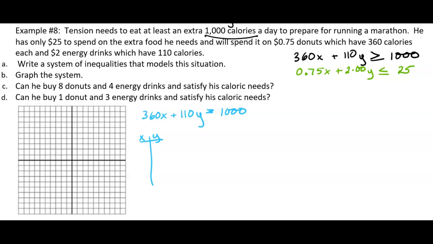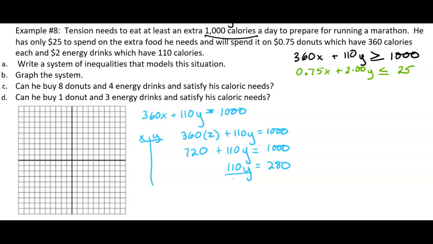So let's say he's going to have 2 donuts. So 360 times 2 plus 110y equals 1,000. So what do we get? We get 720 plus 110y equals 1,000, or 110y equals 280, if I subtract that right, and that looks good.